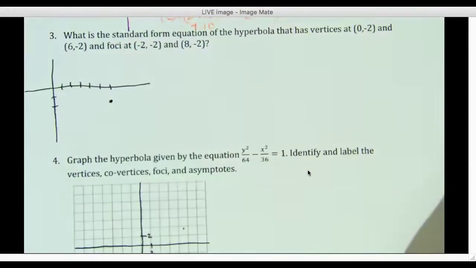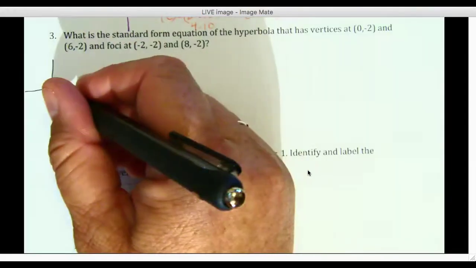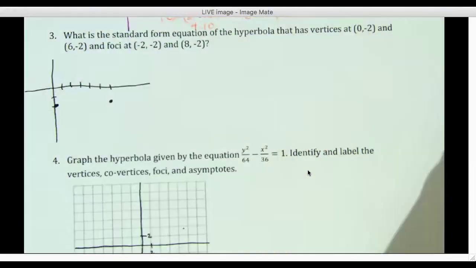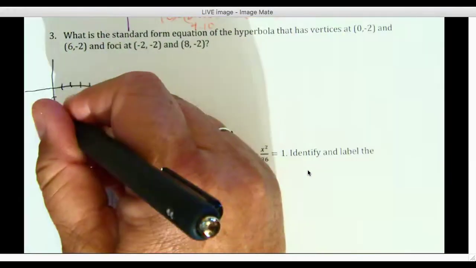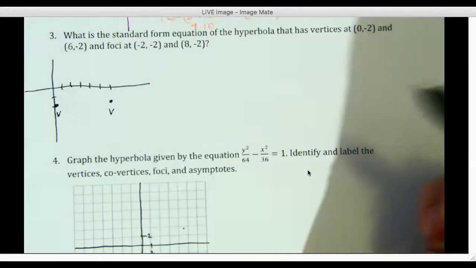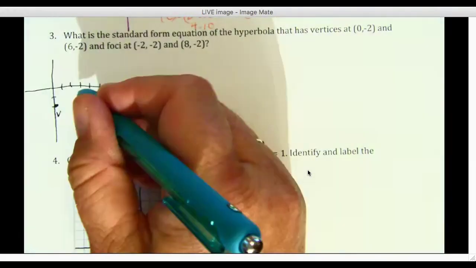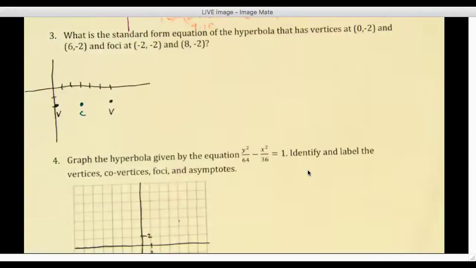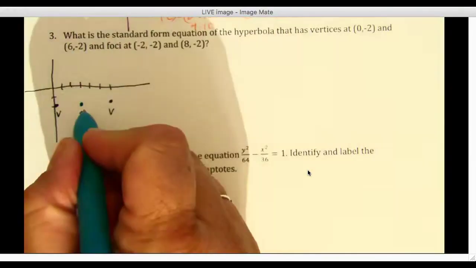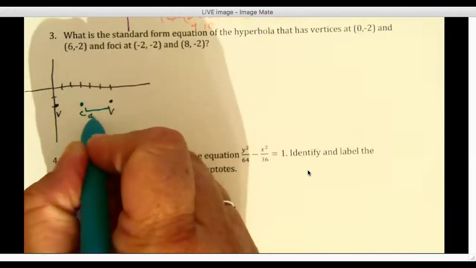And that's one vertex. And then 0, negative 2 is my other vertex. And that means my center is halfway in between. So 0 to 6, halfway in between would be at 3. And that's my center. And so I can see that my A value here is 3.